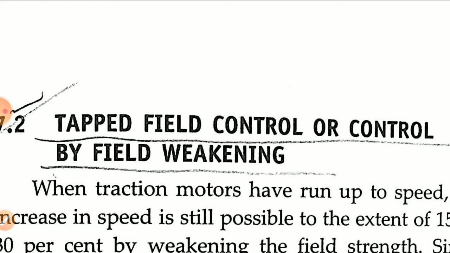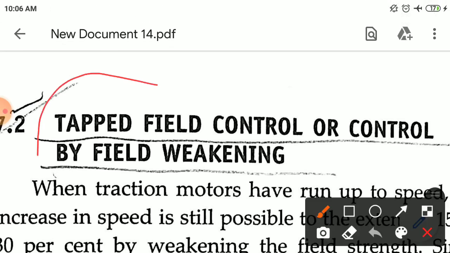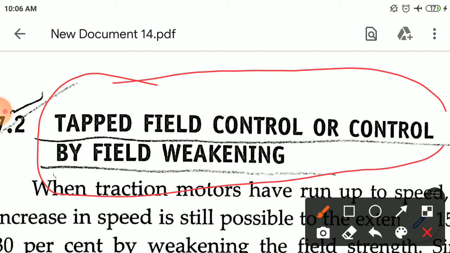Field weakening means we have a field supply, and by weakening it we control the speed. Since speed is inversely proportional to flux, by reducing the field strength, speed can be increased.